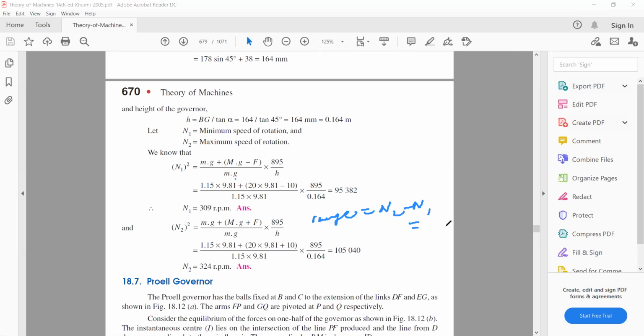So how much? It comes to nearly 15 RPM. The range of the speed is 15 RPM.